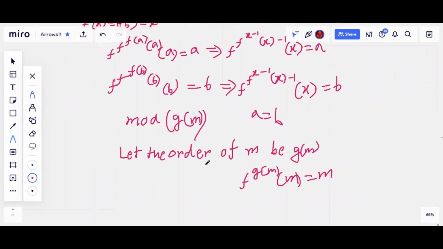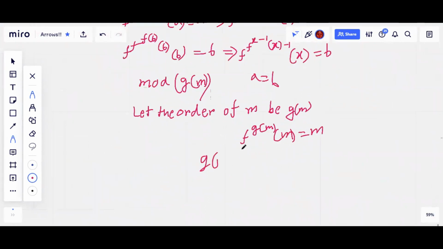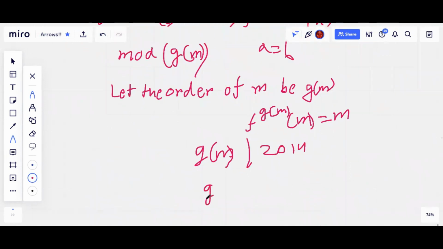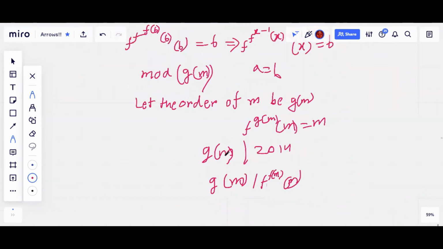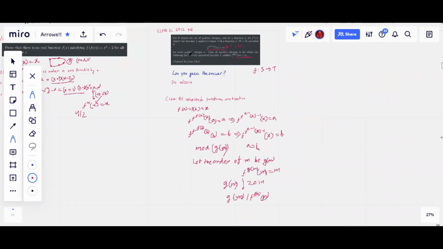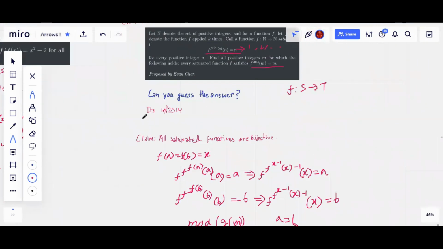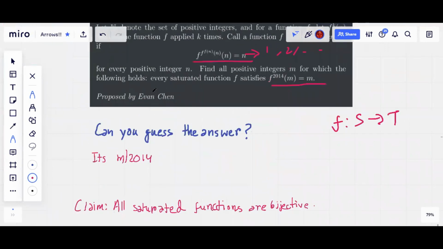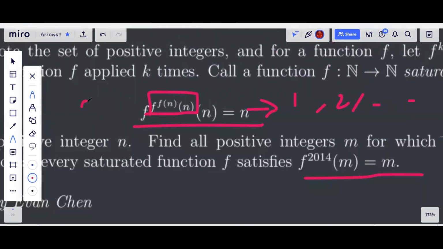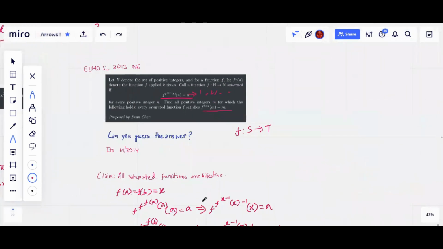We also have that g of m must divide 2014, and g of m also must divide f to the power f of m. Because in the problem we have that this thing is true, which means this is the length of the cycle. And since we know that g of n here is the order, it must be divisible by g of n. I think this is clear.